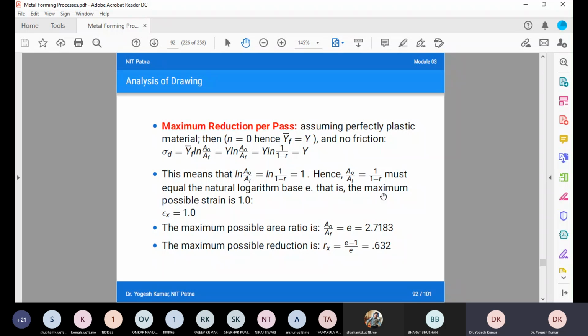By putting the value of e in the formula 1 upon 1 minus r equal to e, we can calculate the maximum possible reduction r max, which comes equal to e minus 1 upon e, which is equal to 0.632. So the maximum possible reduction in the case of drawing is 0.632, and the maximum possible area ratio is A0 upon Af.